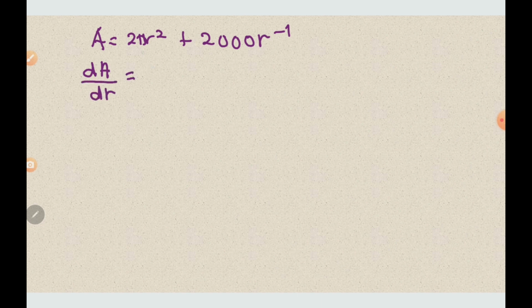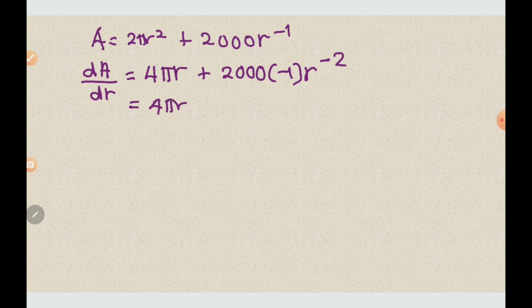Then you will get 2 times 2, we get 4 pi r plus 2000 multiplied by -1, r to the power of negative 1 minus 1, negative 2. Then simplify to get 4 pi r minus 2000 over r squared.